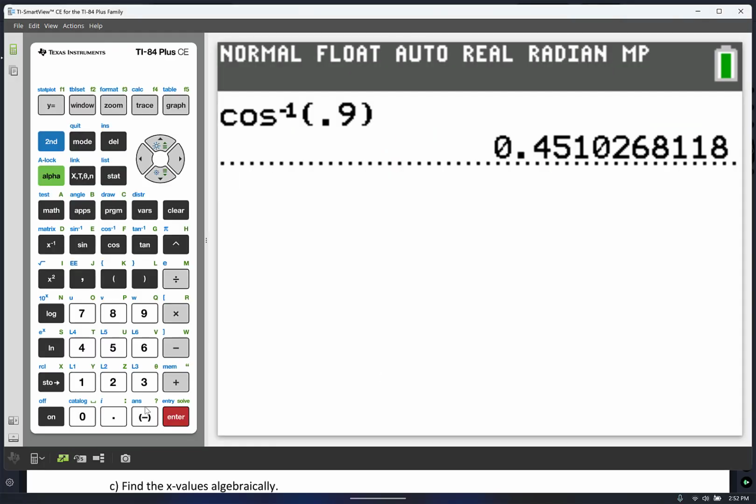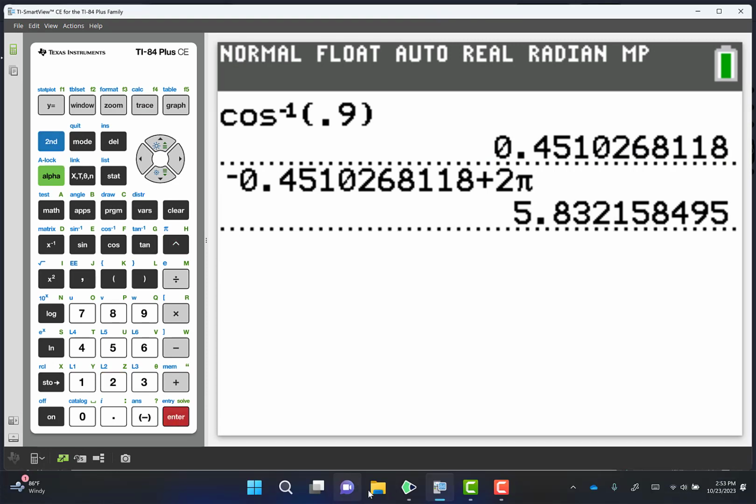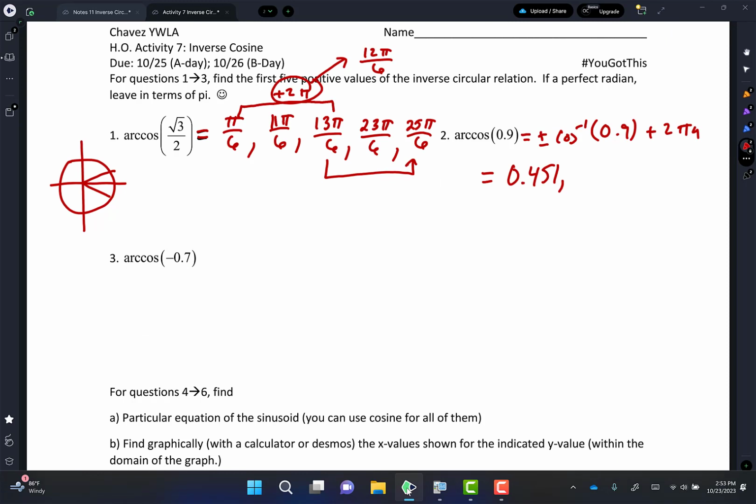So I take my calculator and I put negative, I scroll up, I push enter, and I go plus 2 pi. And I push enter. 5.832, comma. These aren't perfect radians because they go on forever. The next one, you take the 0.451 and you add 2 pi.